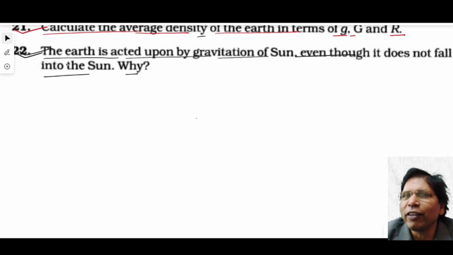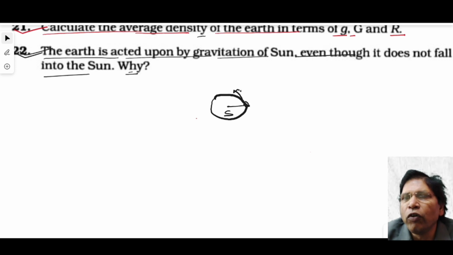Understood? The earth is acted upon by the gravitation of the sun, even though it does not fall into the sun. Why? Suppose this is the circular orbit on which the earth revolves around the sun, and this is the position of the sun. At a particular instant, the velocity of the earth is directed tangent to its path.